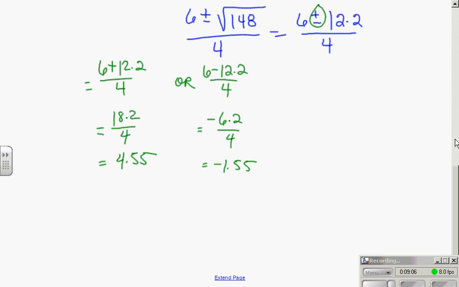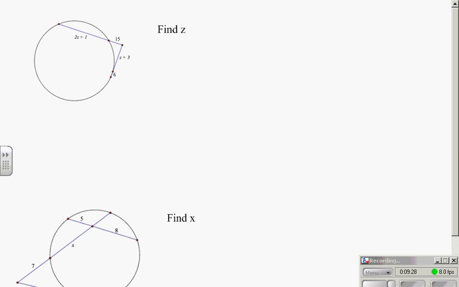Or this ends up being negative 6.2 over 4, which equals negative 1.55. When I go back and look at my problem, this value can't work because one of those was x minus 3, and that would make a negative number. This answer works, and so that is my value of x. It's a far more complicated problem than a lot of them, but the next 2 examples both use that quadratic formula.